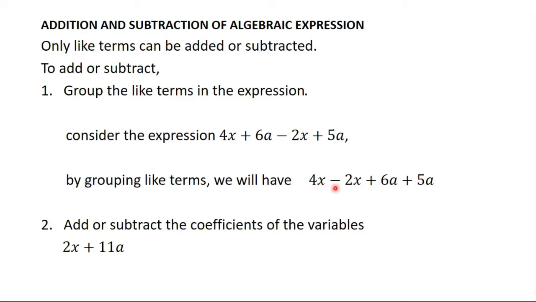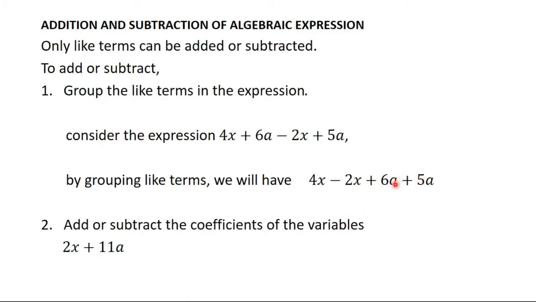So we have 4 minus 2, and that will give us 2. Then you pick one of the variables. Since we have x here and x here, you pick one of the variables. So you are going to have 2x. In the second instance, you have 6a plus 5a. So we add the coefficients. So we add 6 to 5, we are getting 11. So you have 11a.